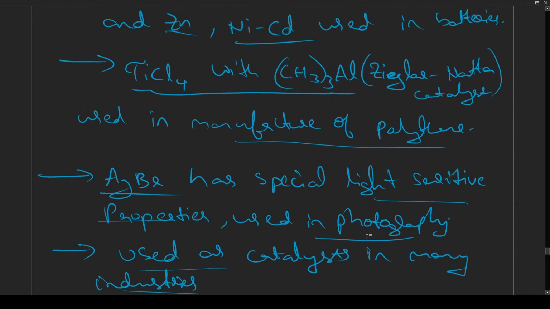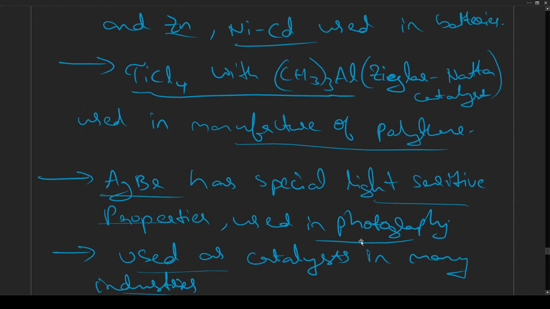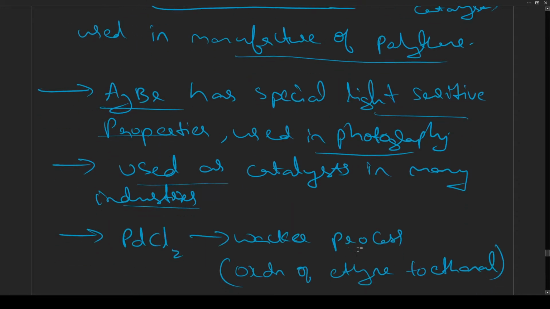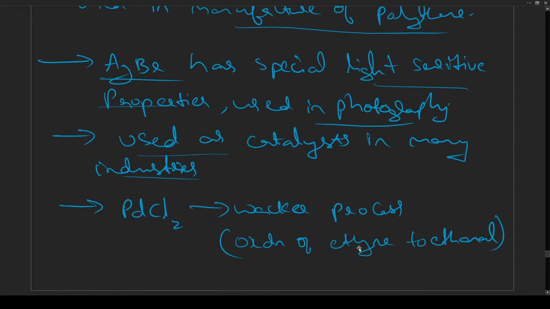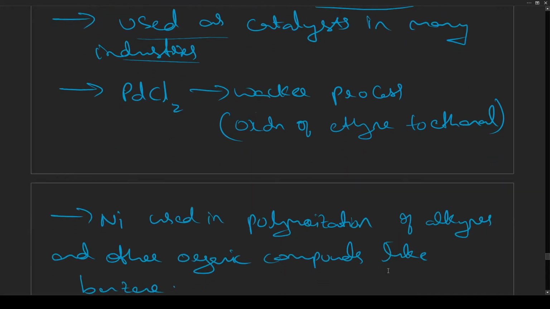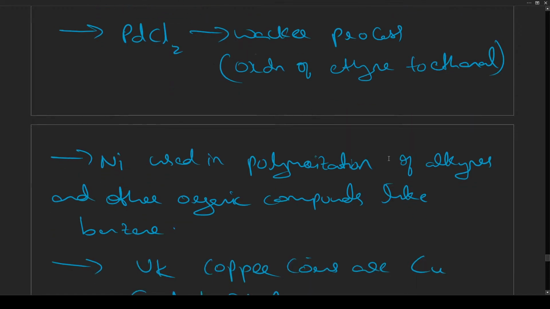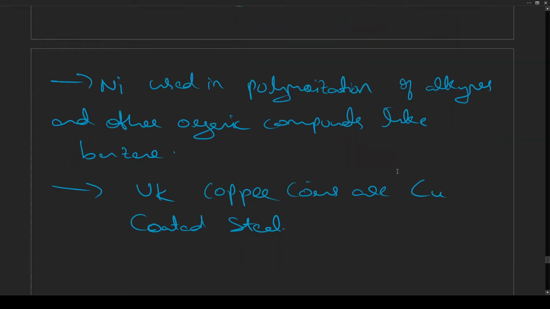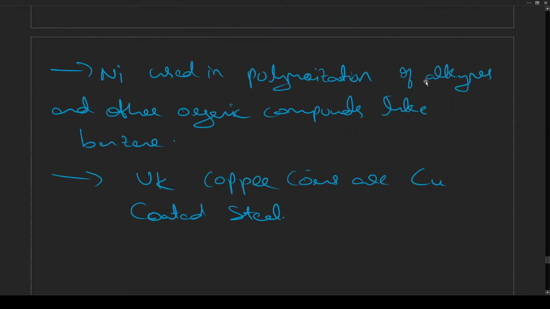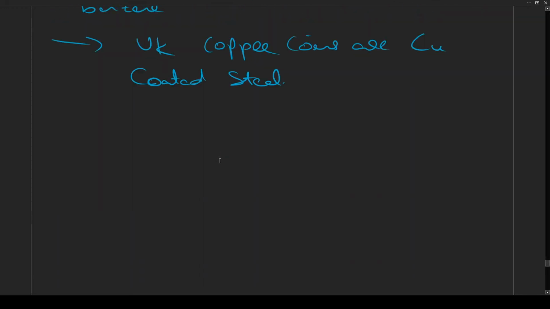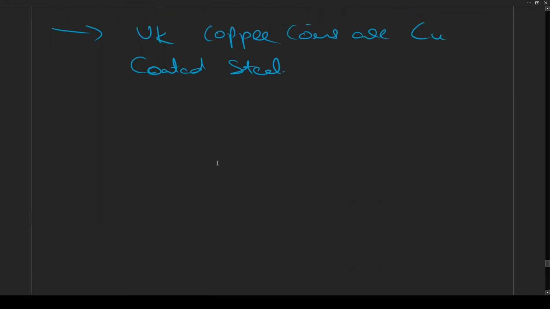Titanium chloride with Al(CH3)3 is used as Ziegler-Natta catalyst in manufacture of polythene bags, etc. Silver bromide has special light sensitive properties, used in photography. Palladium chloride used in Wacker process as oxidation of ethene to ethanol. Nickel used in polymerization of alkenes and other organic compounds like benzene. UK copper coins are copper coated steel.